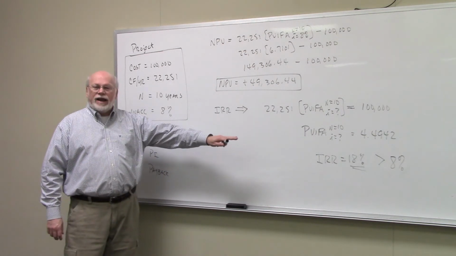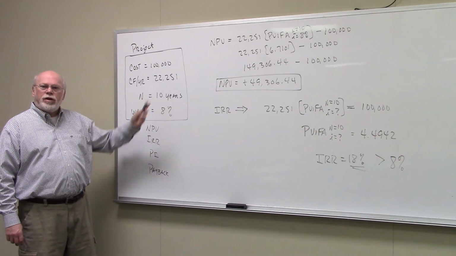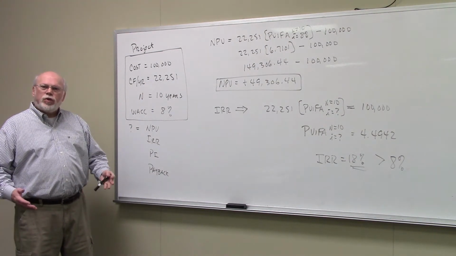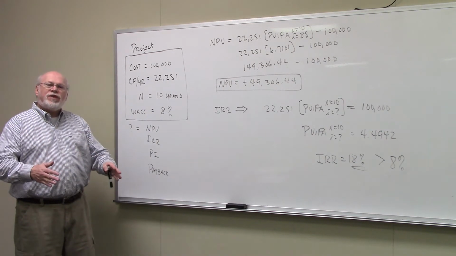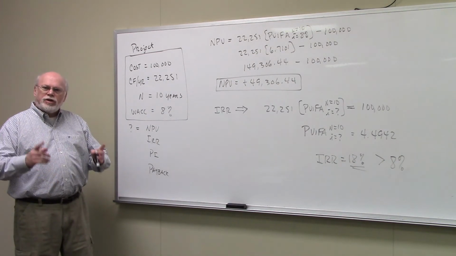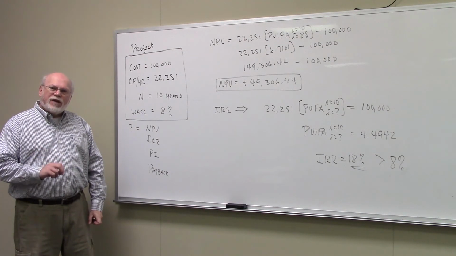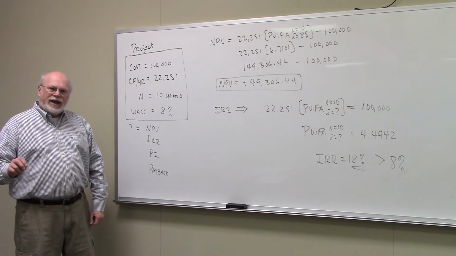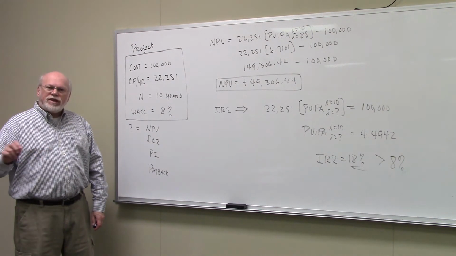In order to earn an 18% return on this investment, every year when this project generates $22,251 in cash flow, you have to reinvest it every year to earn 18%. What are the odds of us every year for 10 years earning an 18% return on reinvested capital? Virtually zero.